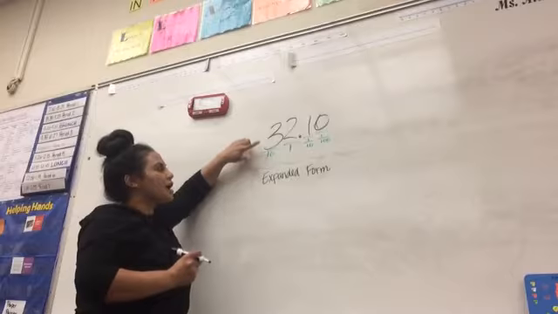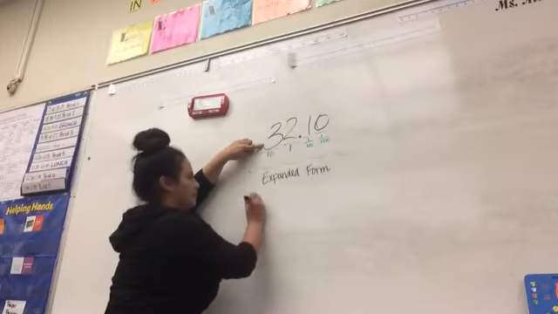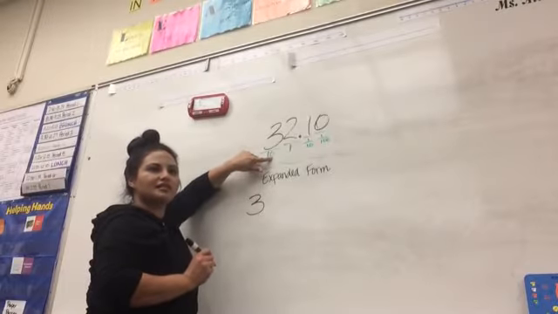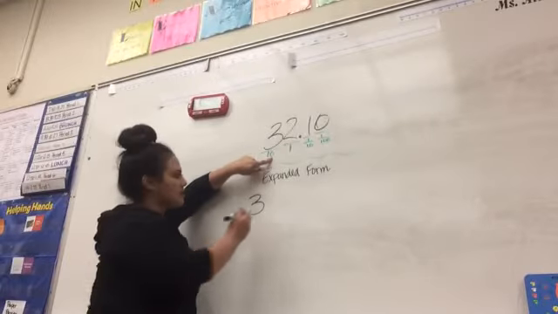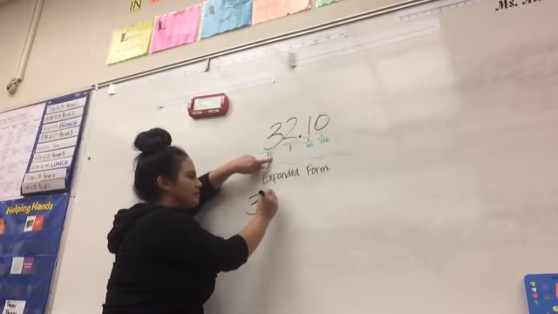How many tens do I have? Three. How many zeros are in this place? One. So how many zeros am I going to put here? Just one. Good. So plus.